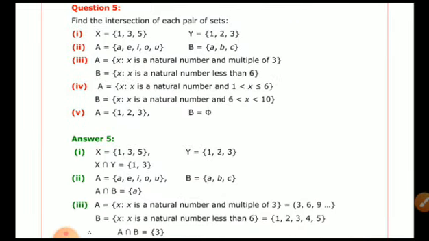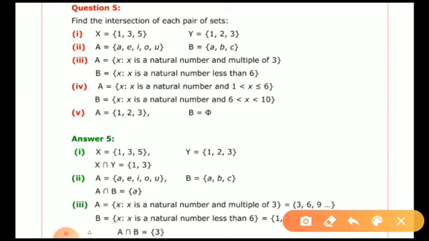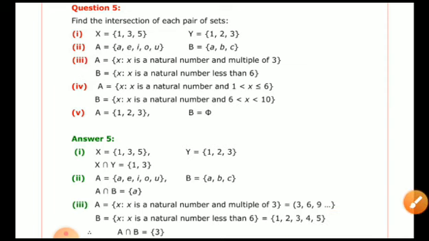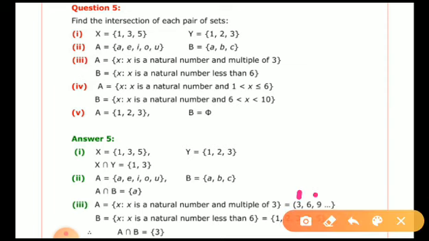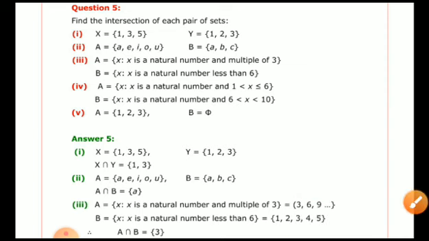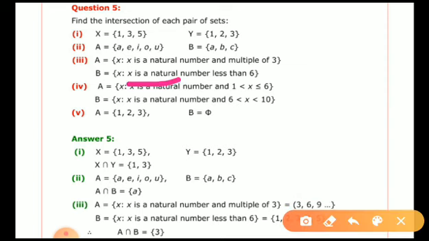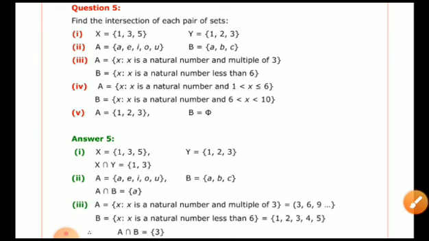Next, find the intersection of each pair. Just see, intersection is the common. See the third: X such that X is a natural number and a multiple of 3, and it is a natural number. So can I write this will be the set 3, 6, 9 and so on. Then X is a natural number less than 6.